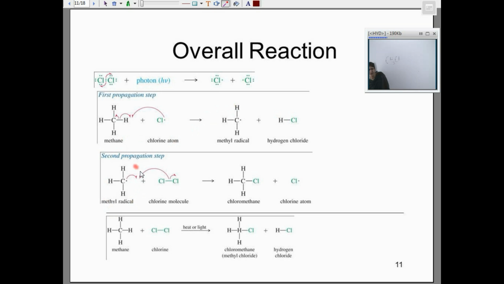The methyl free radical collides with a chlorine molecule, takes one chlorine and forms chloromethane, and again we have a free radical with us, which can initiate this step. So steps can go on and on. That's why it is a chain reaction. This is the overall reaction, children: methane plus chlorine in the presence of heat or light gives chloromethane and hydrochloric acid.